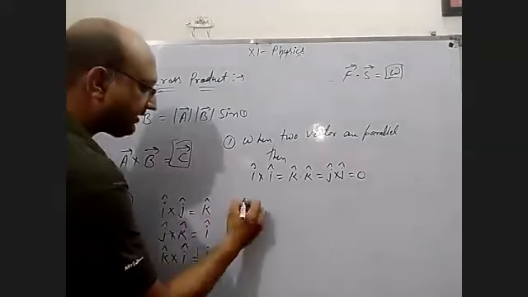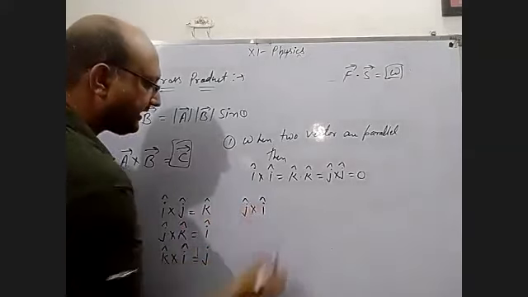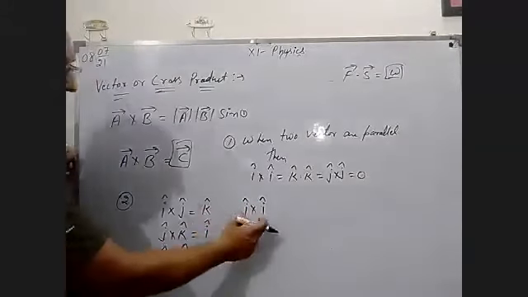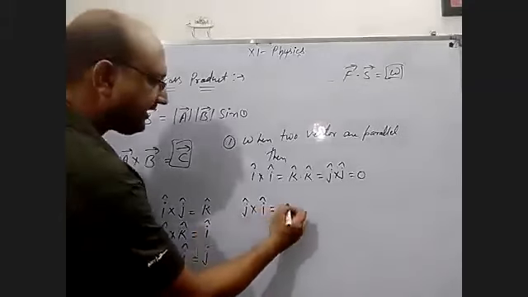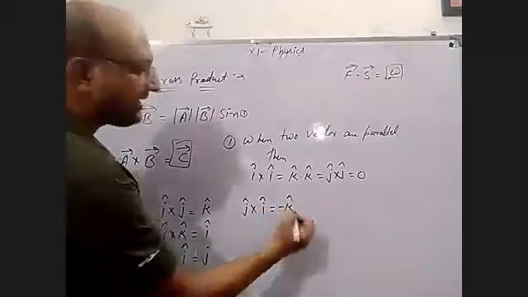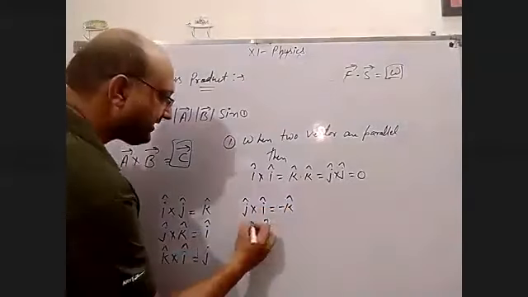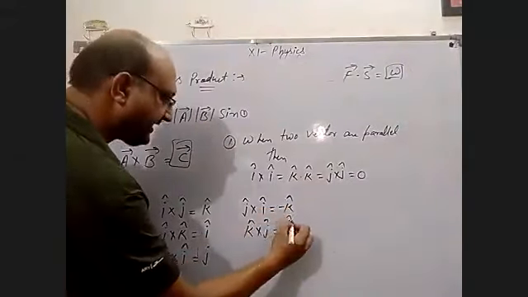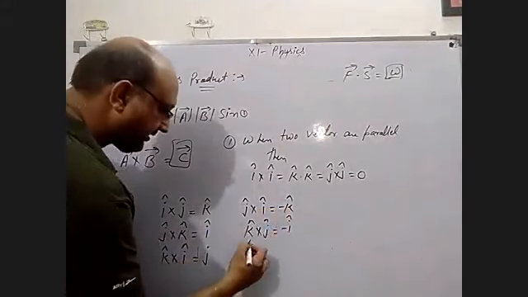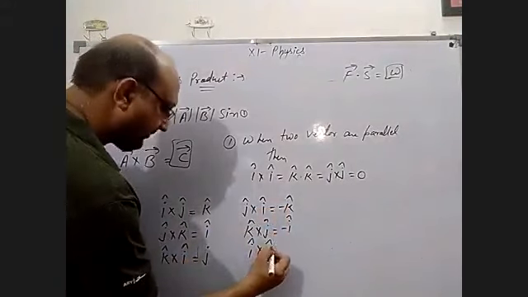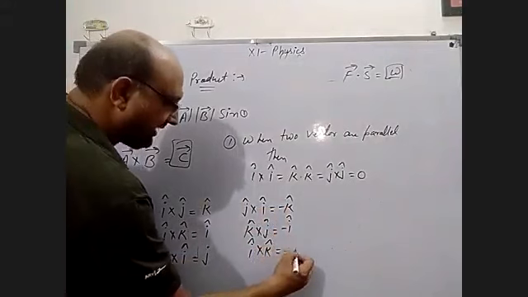If you are taking the cross product of J and I, then you will get minus K cap. Similarly, K cross J, minus I cap. Similarly, I cross K cap, minus J cap.